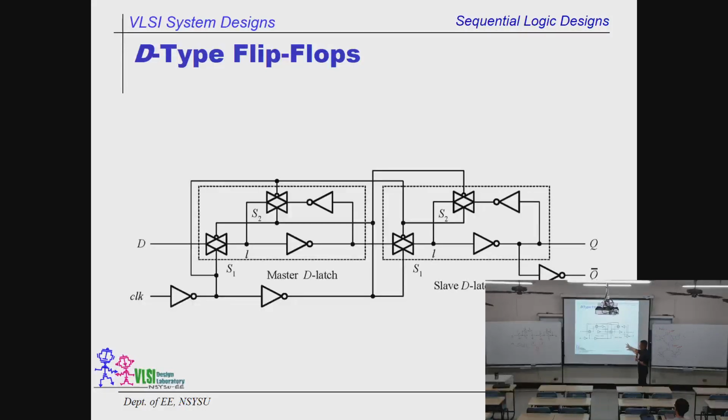So this is exactly the same as the one I drew over there. The first stage and the second stage are exactly the same. The only difference is that the transmission gate of the first one is controlled by one phase of the clock, and the other one is driven by the other phase of the clock. This is the D-type flip-flop.